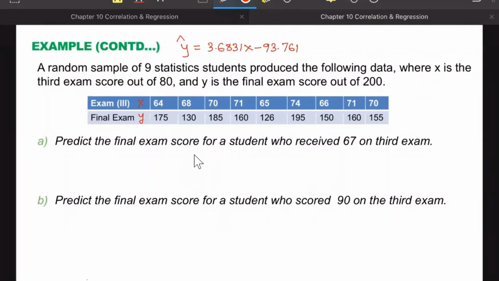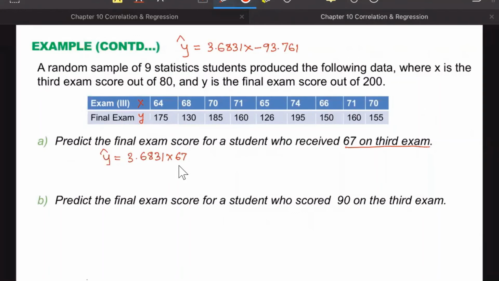So let's do that. Y hat, the predicted final exam score, is equal to 3.6831, and here the third exam score is 67. So in place of X, we plug in 67: 3.6831 times 67.